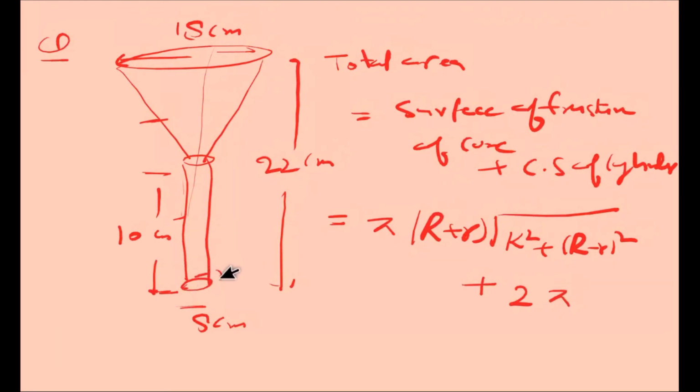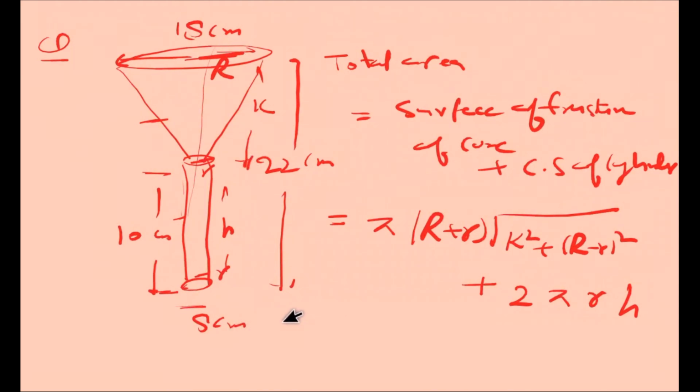Let this be small r and this be capital R. The cylinder radius is small r, so 2 pi r h, and let this be h. This height is k. Now put the values here and you can solve it.